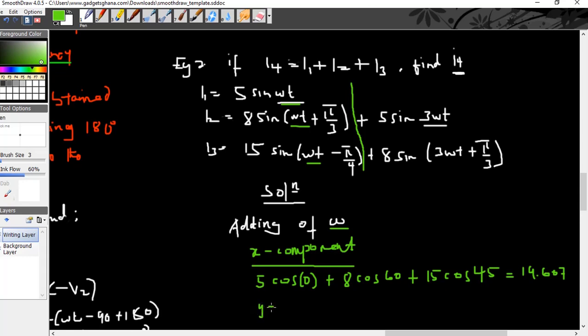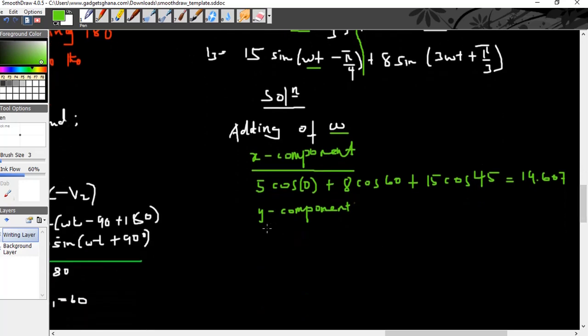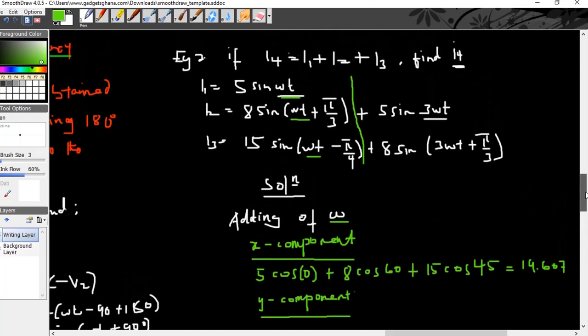For y component, that's where you use sine. Try to get that and then you are good to go. And don't worry, I'll introduce how you end up with the exact answer by just doing a simple calculation within 60 seconds.